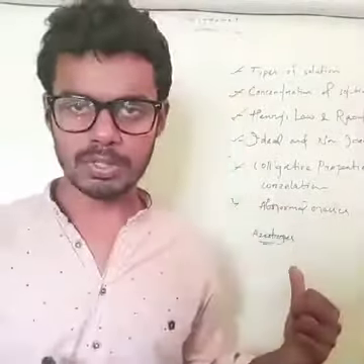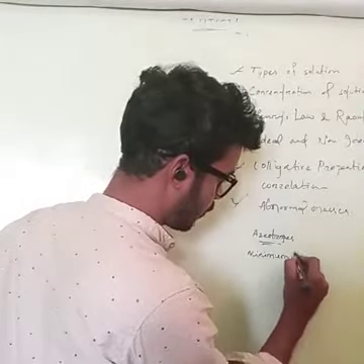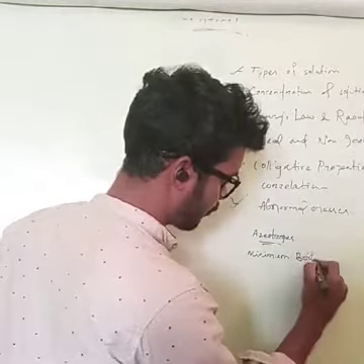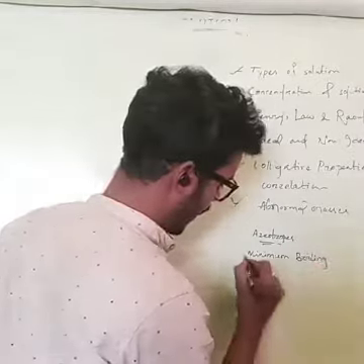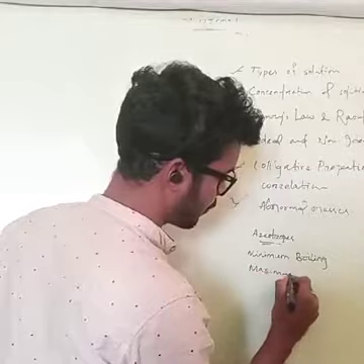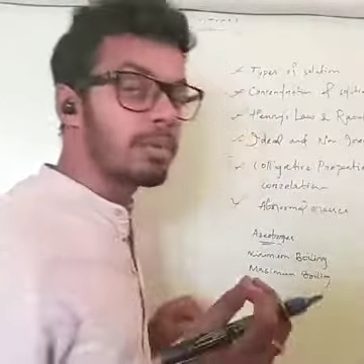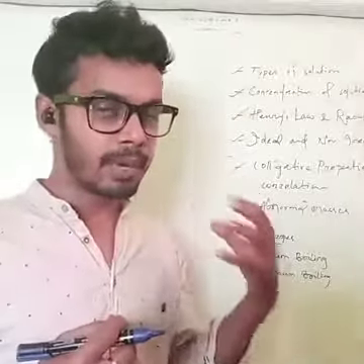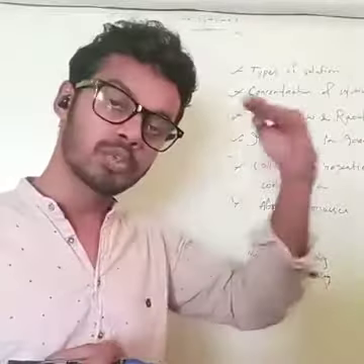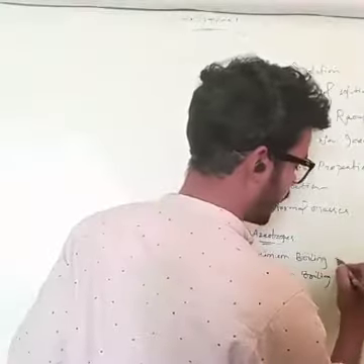It is again of two types: minimum boiling azeotropes and maximum boiling azeotropes. Minimum boiling azeotropes means by applying minimum temperature, it goes to the vapor phase. That is minimum boiling azeotropes.